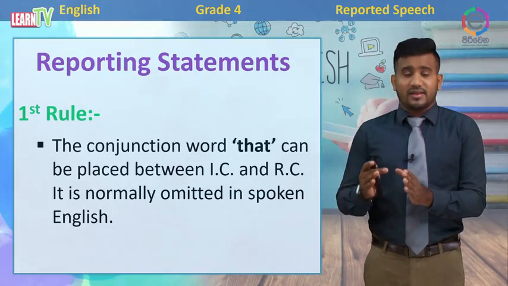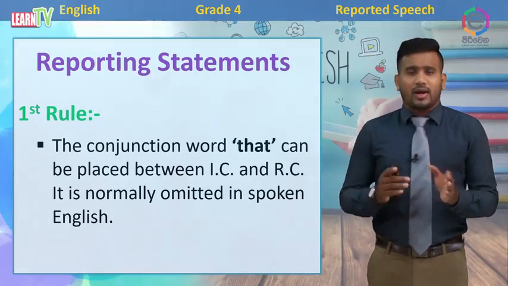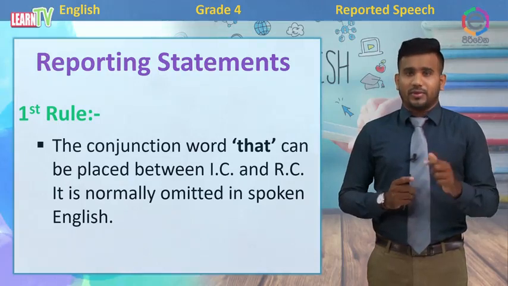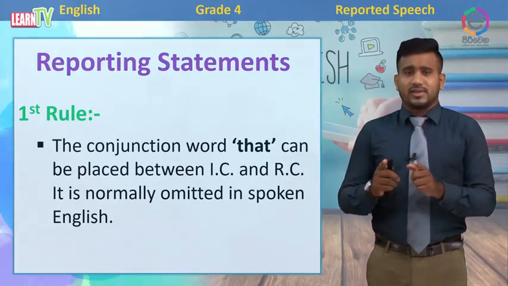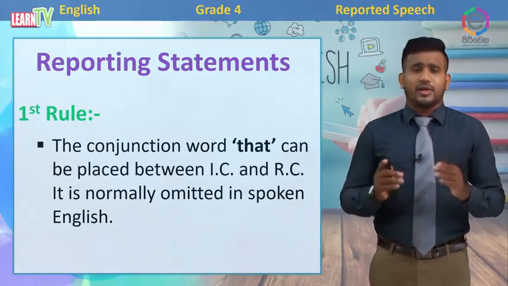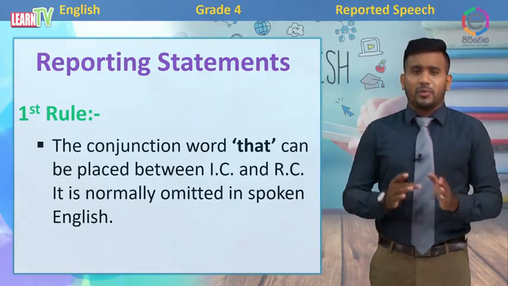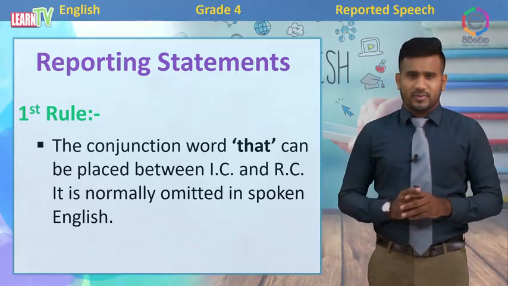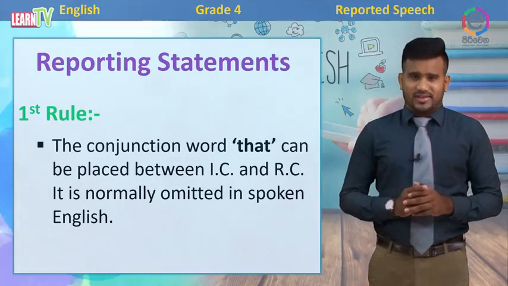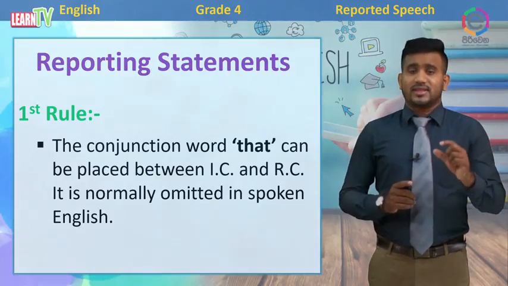IC means introductory clause, RC means reported clause. Again, the conjunction word that can be placed between the introductory clause and the reported clause. It is normally omitted in spoken English. It means the word that.